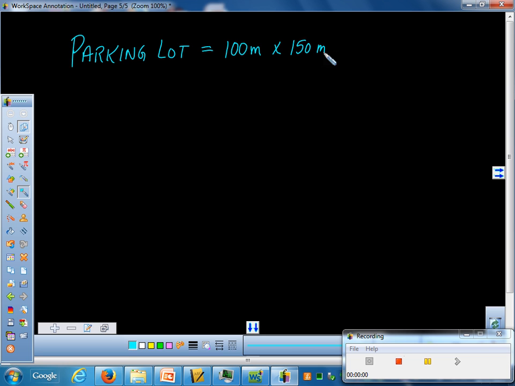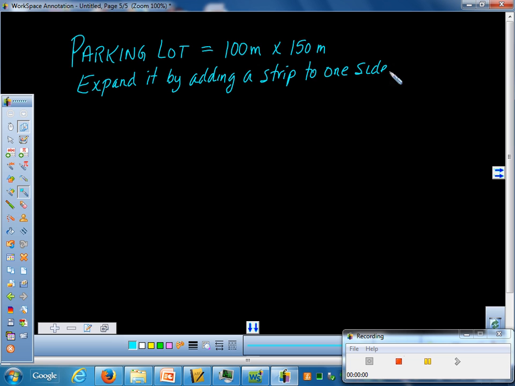Okay, needs to be expanded. And they want to expand it by adding a strip to one side and one end.